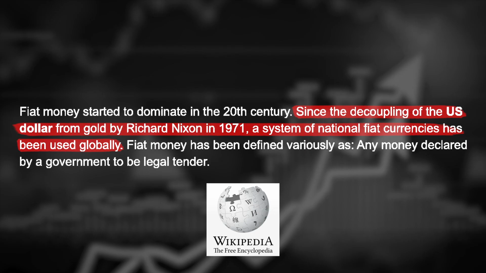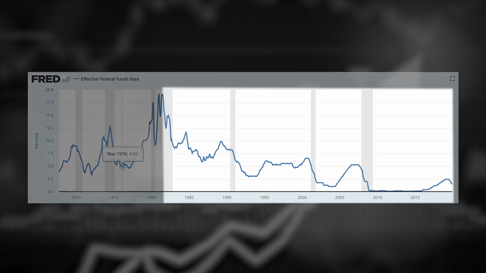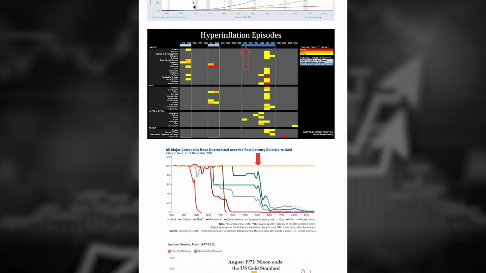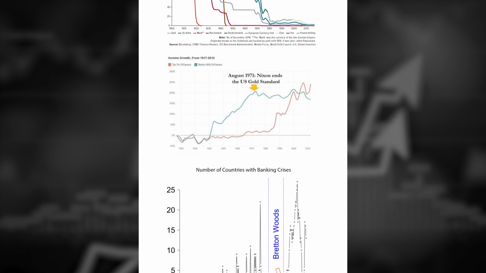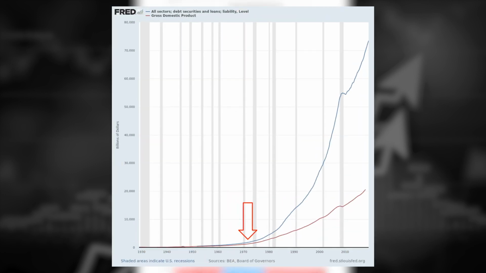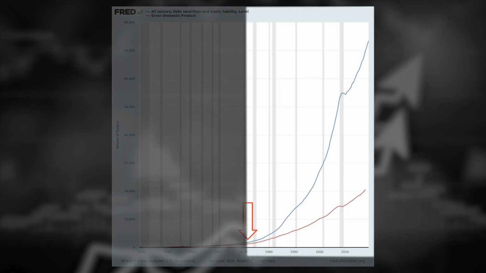Number 1, a fiat currency with 30 to 40 years of interest rates continually going down and artificially being suppressed by the Fed. And if you're still having doubts, if you think this all could just be coincidental, look at this chart of total debt in the system from 1971 to today relative to GDP.